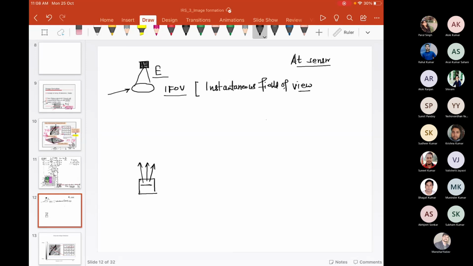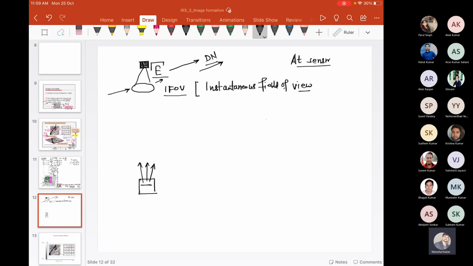So total energy E is collected. How is a digital number assigned corresponding to this energy component?